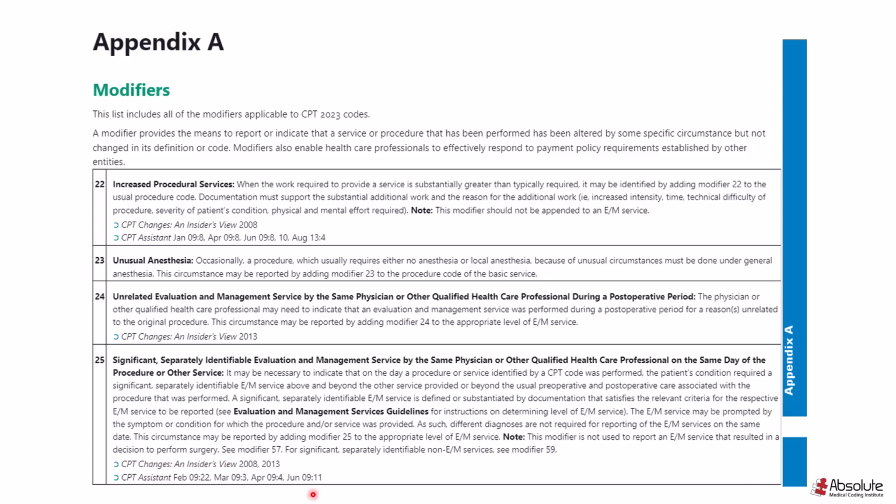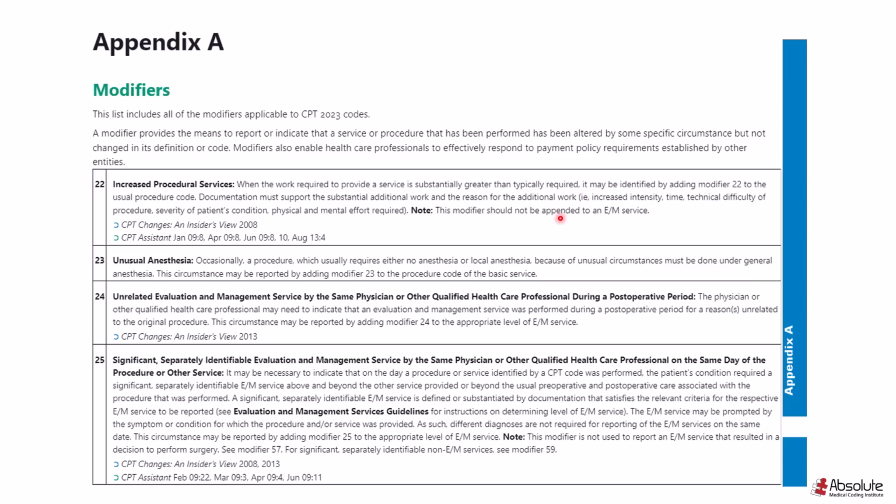We said 22 was a common modifier, and I used that example when a patient had a C-section, then a repeat C-section, and it was difficult the second time because of the adhesions. If the doctor wants to say this was difficult, then you would append 22 on that procedure code. Modifier 22 is for increased procedural services when the work required to provide a service is substantially greater than typically required.